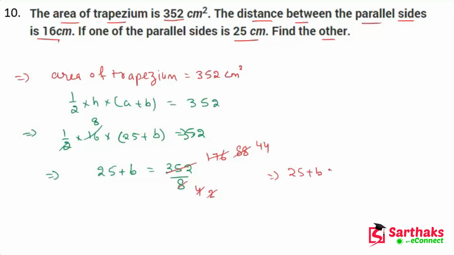So here we have 25 plus B is equal to 44, and B will be 44 minus 25, which is 19 centimeter. So the other side of the trapezium is 19 centimeter. I hope you understand these things, my dear friends. This is the answer to this problem.